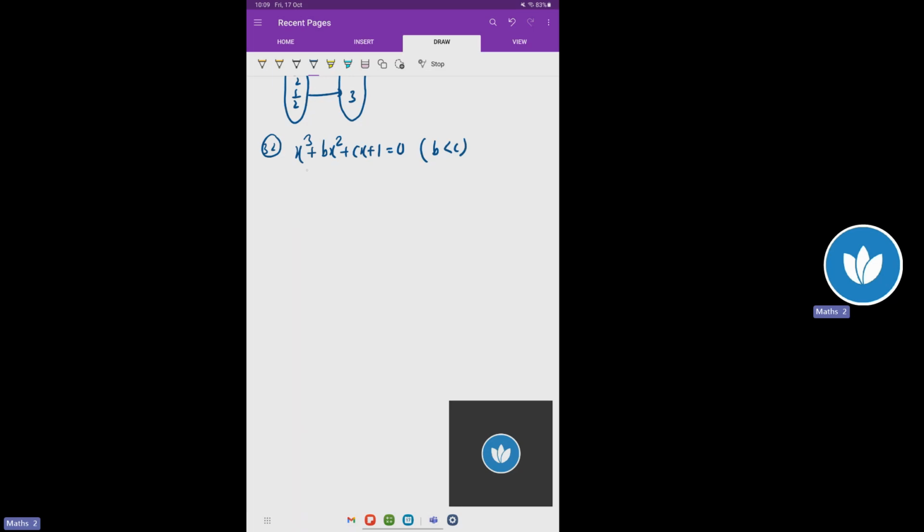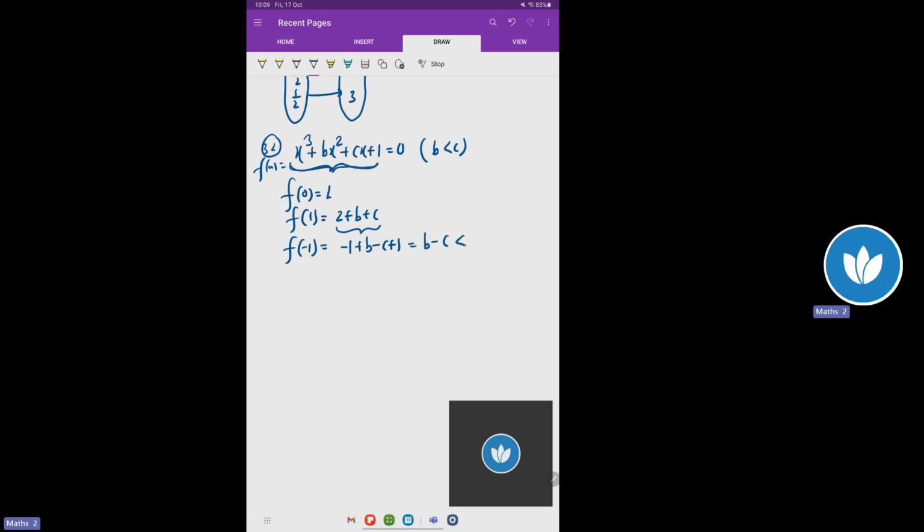less than c. Now, if we suppose this as a function, can you comment about its root? So let's find f of 0. f of 0 is 1. Let's find f of 1. f of 1 would be 2 plus b plus c. We cannot predict the sign of this. So let's find f of minus 1. f of minus 1 is minus 1 plus b minus c plus 1, which is b minus c.